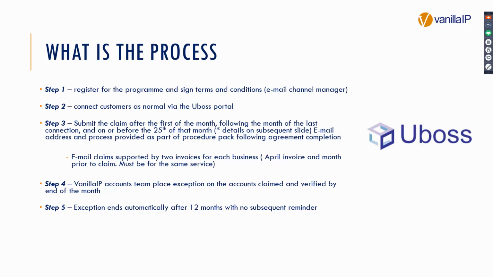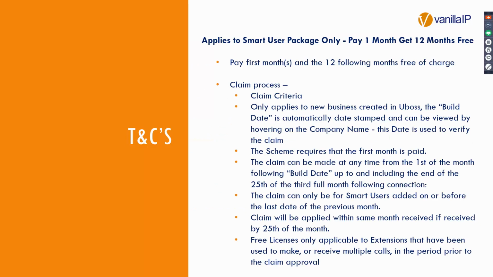The VanillaIP accounts team will place the claim, verify it, and put it onto your system, and that will mean that in the month following the month that they're connected, we will apply exemptions for the 12 subsequent months. That means, and we'll see that on the terms and conditions if we flash through, you will pay for the first month.